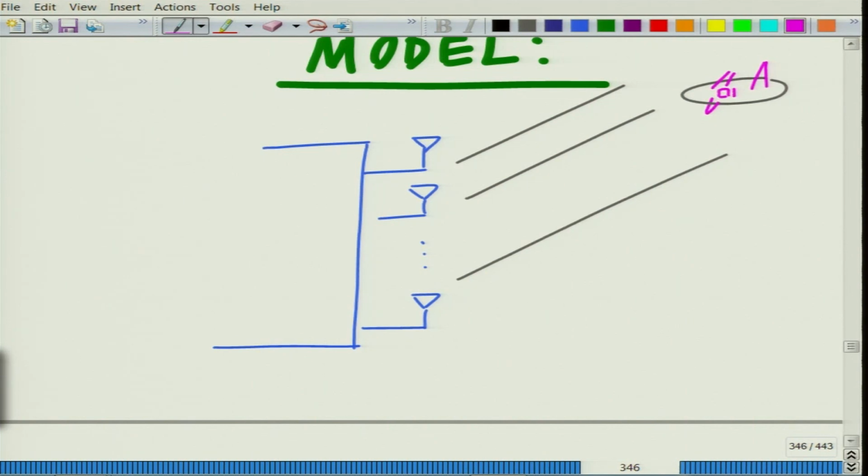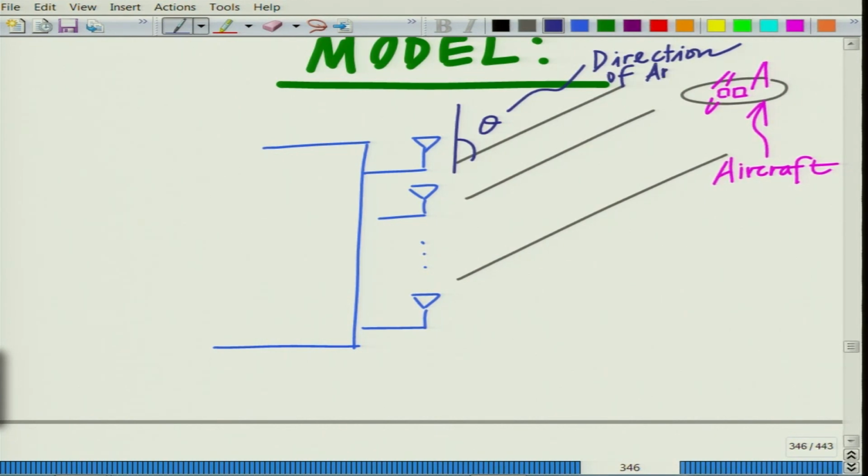And let us say there is an object such as, for instance, an aircraft, so this is my cartoon of an aircraft that is emitting these signals which are coming at a direction of theta. So, this is essentially your direction of arrival.